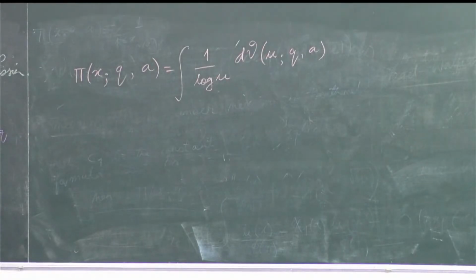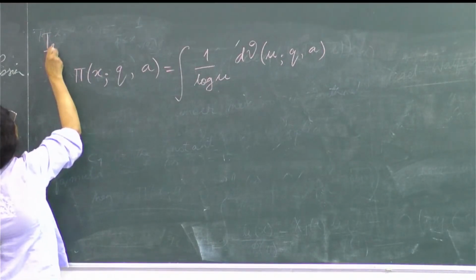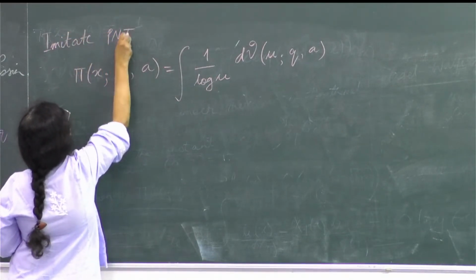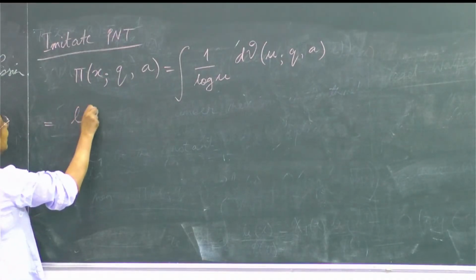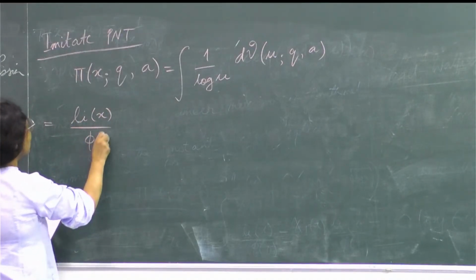And you get back pi. So what do you get as the first term if you do that? What comes out as the first term? You imitate the proof of the prime number theorem. Okay. So the main term comes out as the logarithmic integral Li(x) divided by phi of q.